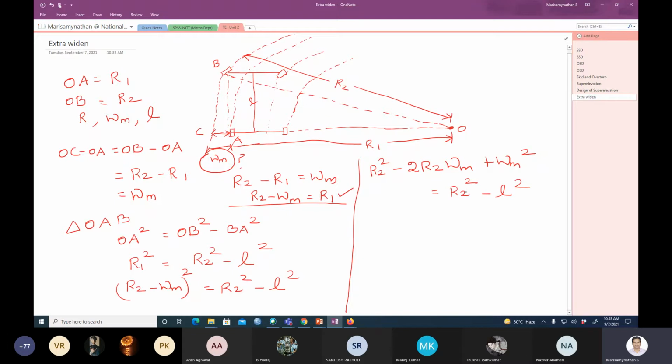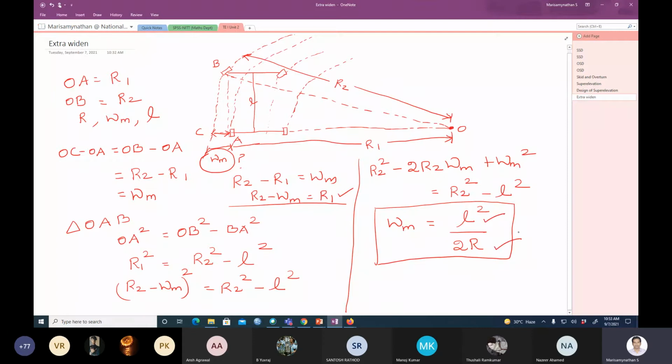From this you can estimate the value of Wm. When we finally simplify, we get approximately Wm is equal to L squared divided by 2R. This is the final equation for the mechanical widening with respect to the length of the wheelbase and the radius.